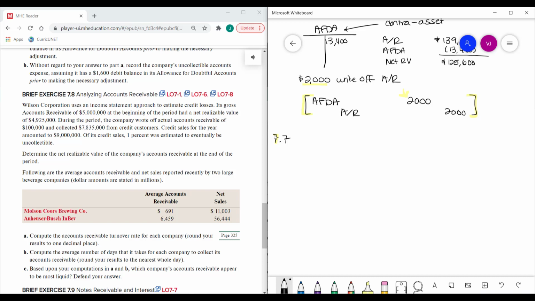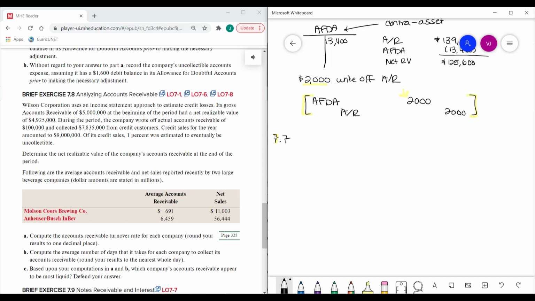So here it says Wilson Corporation uses an income statement approach to estimate credit losses. So remember, in the previous problem, we were just using the balance sheet approach. Now we're looking at another way under GAAP that we can estimate those credit losses. It says its gross accounts receivable of $5 million at the beginning of the period had a net realizable value of $4,925,000.